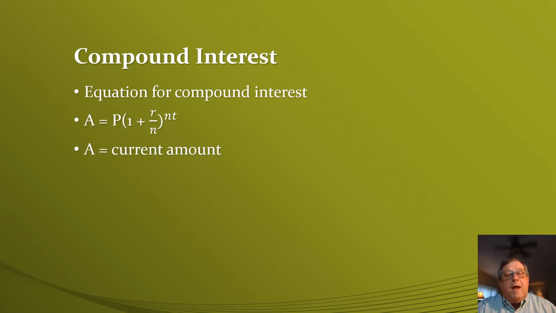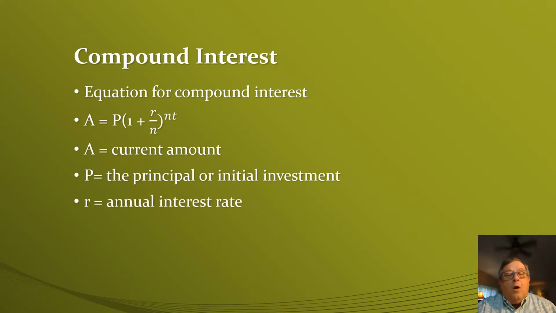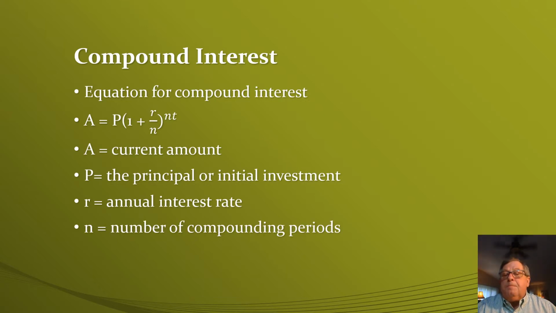In other words, this is the amount after the interest. P is the original principal or the initial investment. R is our annual interest rate expressed as a decimal, not as a percentage, expressed as a decimal. N is the number of compounding periods, and T is the time in years.